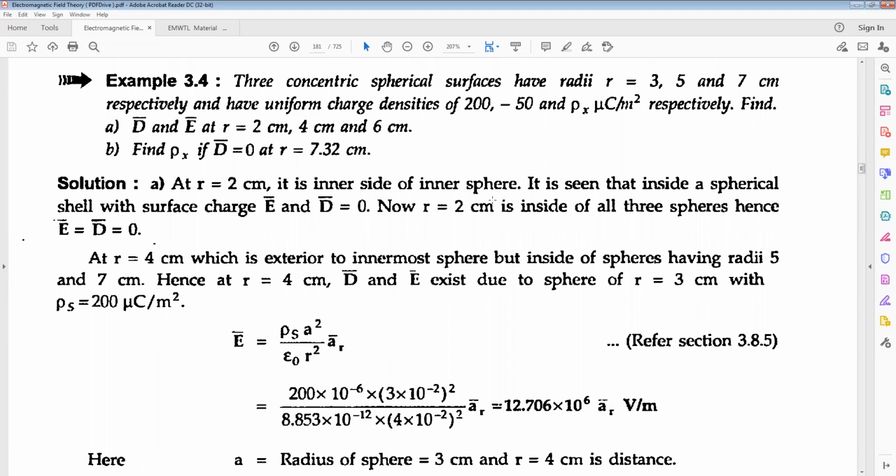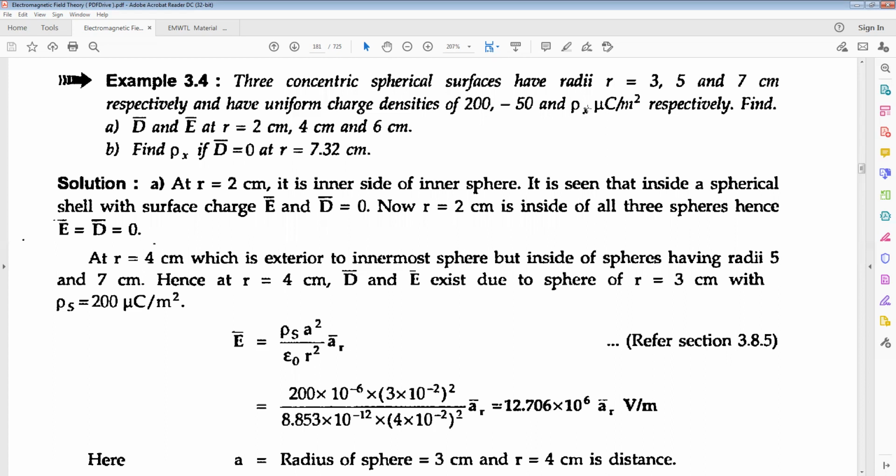The next example is: three concentric spherical surfaces having radii R is equal to 3, 5, 7 centimeters respectively have uniform charge densities 200, -50 and rho x microcoulomb per meter square.